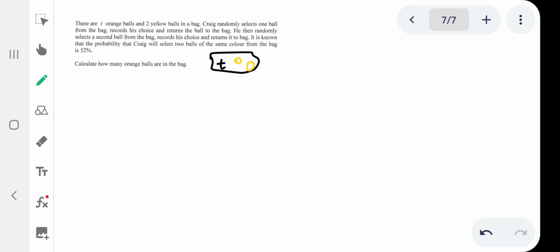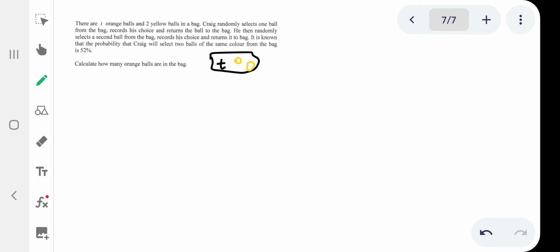All right, so he then randomly selects a second ball from the bag, records his choice and returns it to the bag. It is known that the probability that Craig will select 2 balls of the same color from the bag is 52%.